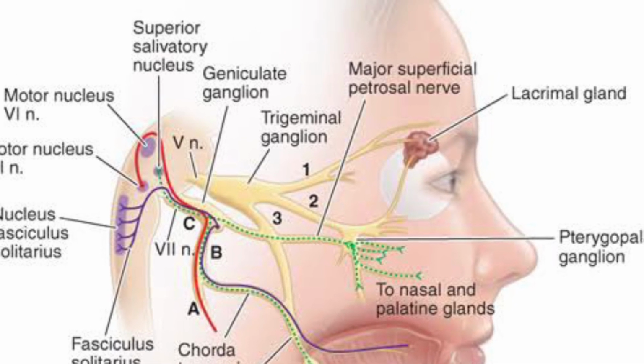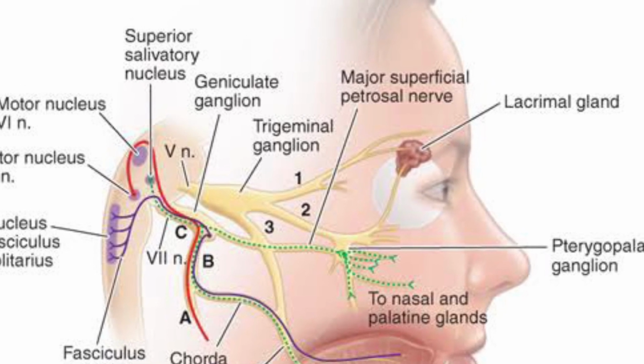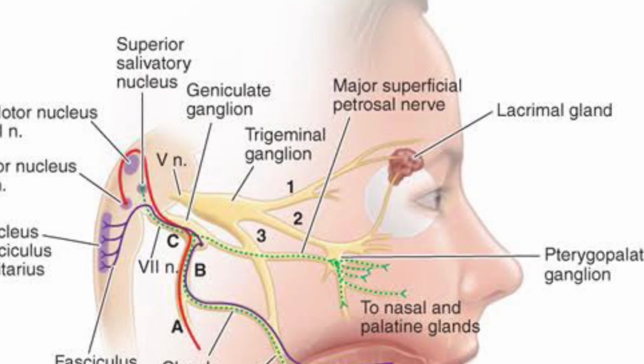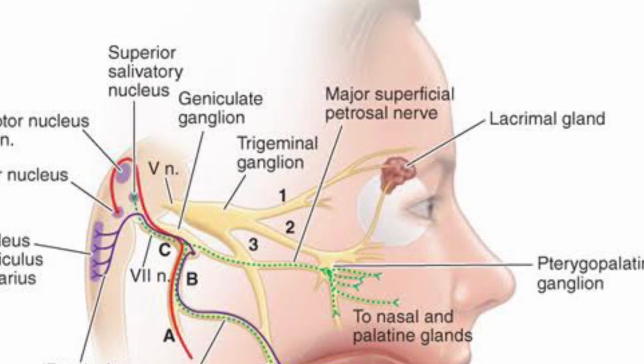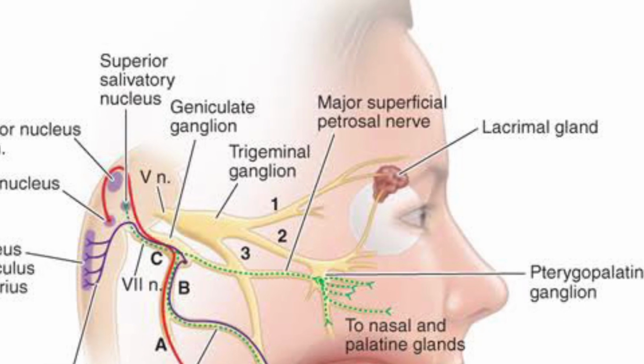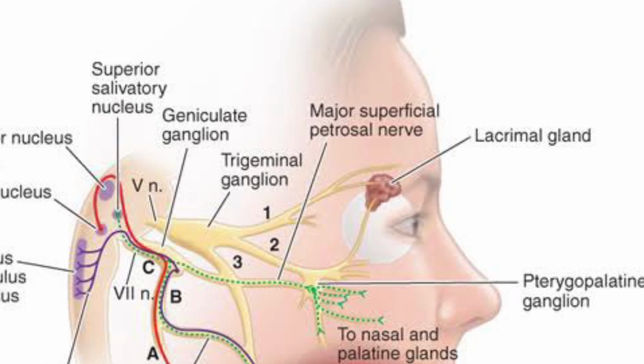This facial nerve also supplies some part of the ear and the taste fibers of the anterior two-thirds of the tongue.